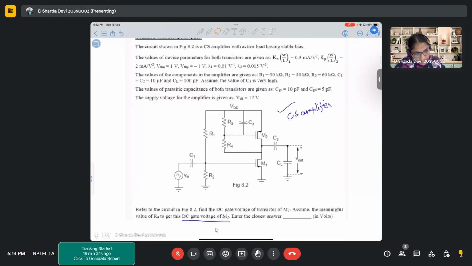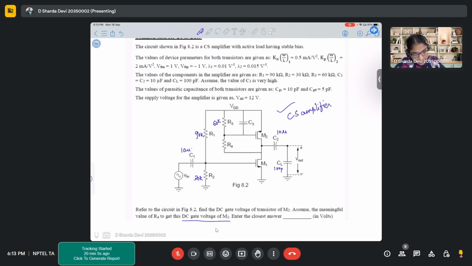So it is given that R1 is 90K, R2 is 30K, R3 is 60K, C1, C2 are 10 microfarad, CL is 100 picofarad, C3 is very high.